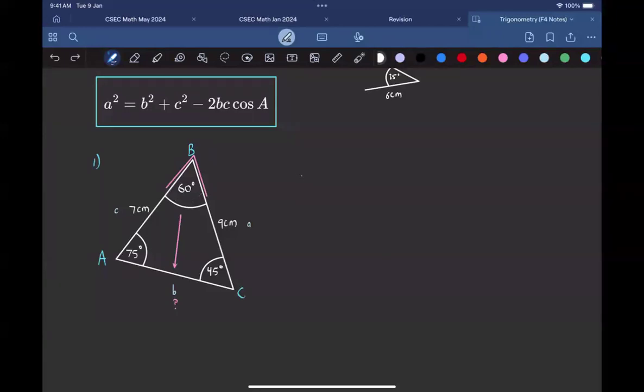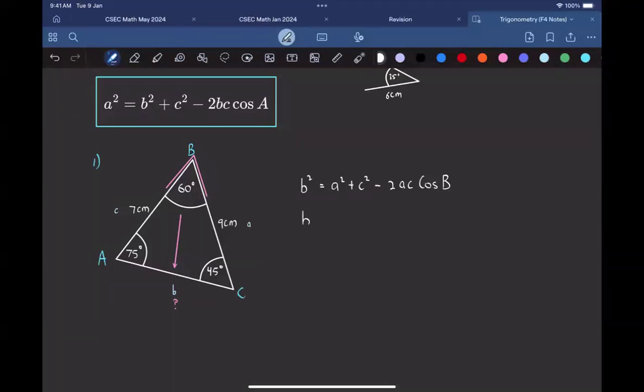I'm actually going to write b squared equals a squared plus c squared minus 2ac cos, and my angle is not A. What is the included angle over here? 60, and that is angle B.